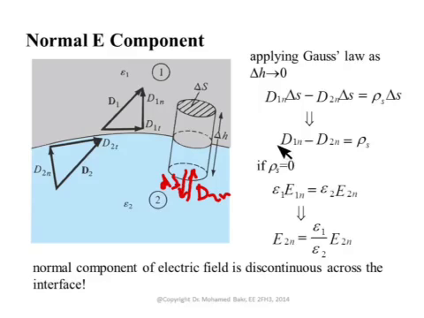So D1 normal is greater than D2 normal by rho s, the surface charge density. This tells you that if there is a surface charge density on the interface between two dielectrics, then the normal component of the vector D is discontinuous. So if you have 5 coulomb per meter squared on one side, once you cross the surface it becomes, say, 7 coulomb per meter squared, if there is a surface charge density.